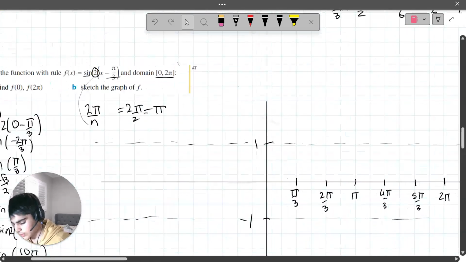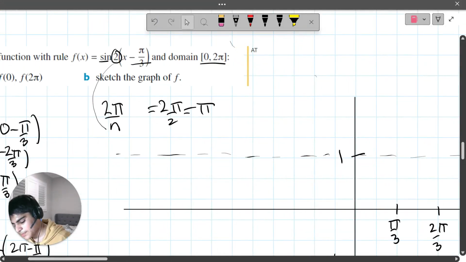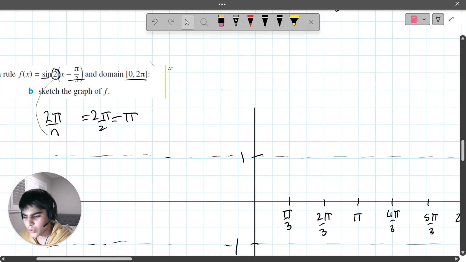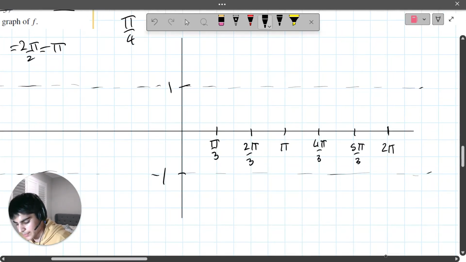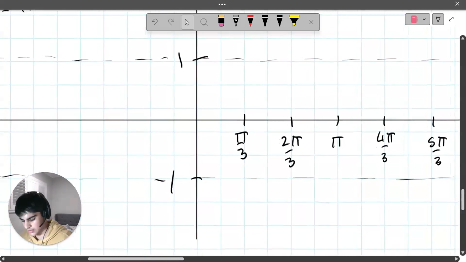Pi on 3, okay. As I've told you earlier, the best way to go about this to find all the points of significance is to divide the period by 4. Pi on 4. So now we're just going to add pi on 4 to each of these points as we go along to find all the points of significance.